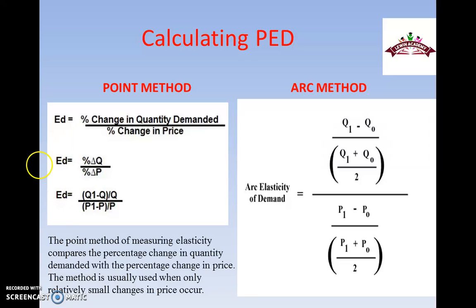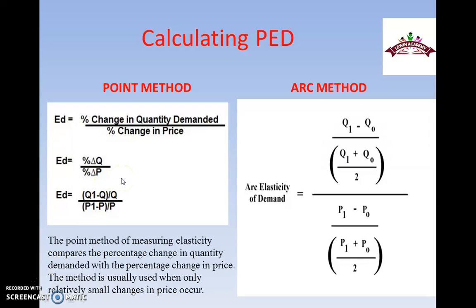So how do we calculate this? The point method focuses on the percentage changes. So we have the percentage change in quantity demanded divided by the percentage change in price. To remember it more easily, you can label it.